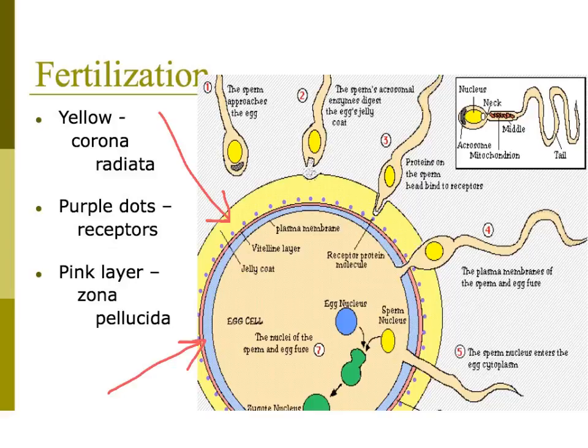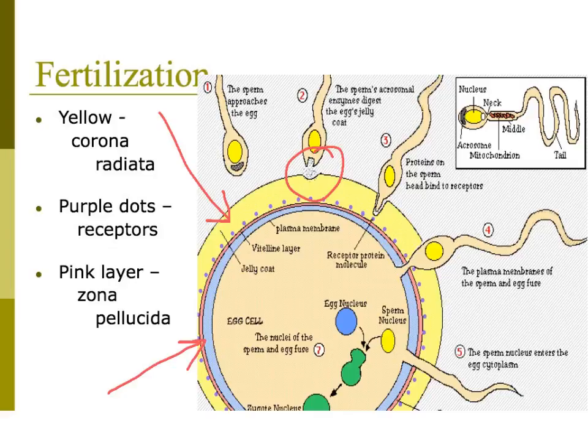So we have acrosomal enzymes being released here on the illustration, and they will start to break down the corona radiata, and eventually they will break down and be allowed into the zona pellucida as well. This is not a single sperm activity, but actually would require multiple sperm to break down the corona radiata. So if you only have one sperm that reaches the egg, it's not going to get fertilized.